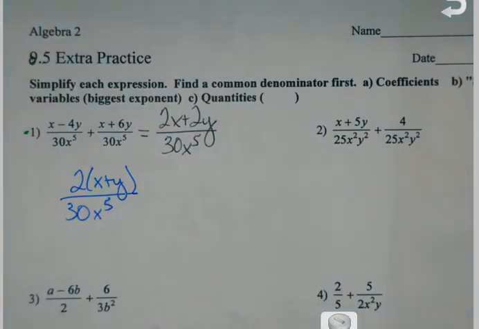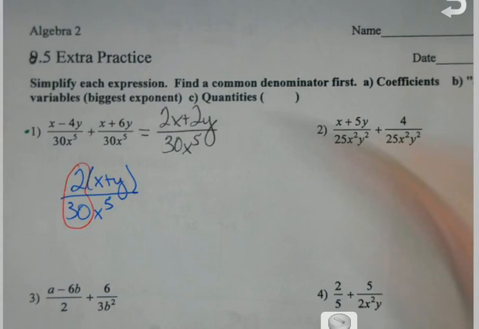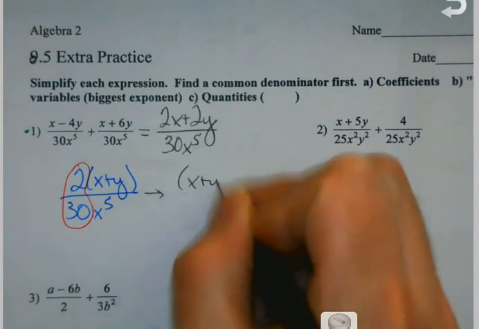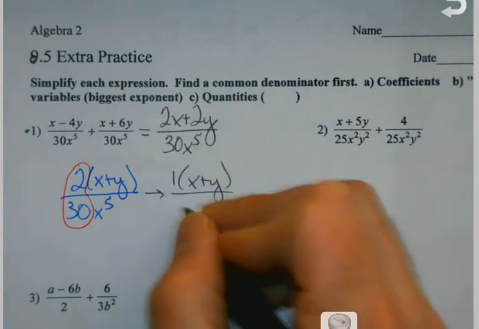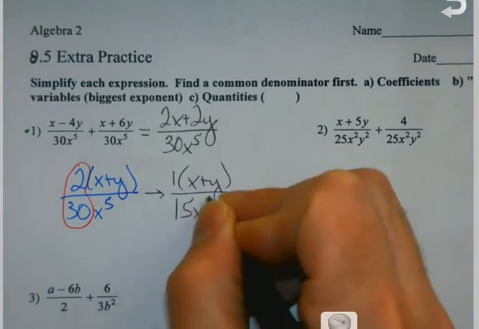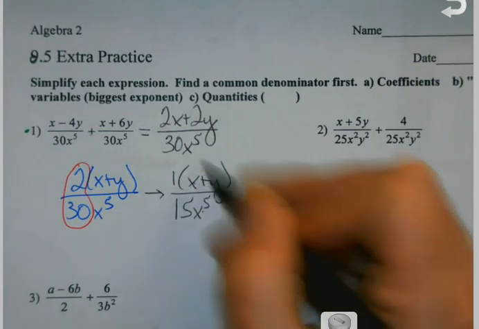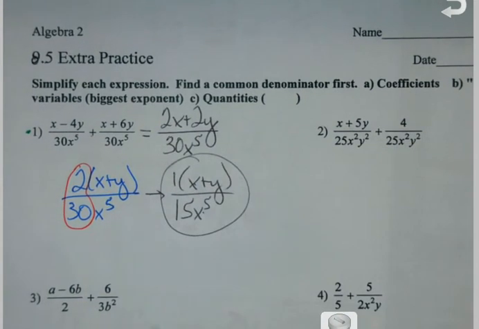Because now when I look and I notice, hey, check this out. I can reduce that. And that'd be 1. If you want to put a 1 in front of the x plus y, you could. You don't have to. And a 15. Again, in parentheses, not in parentheses. Can't cancel those. That's as far as I can go.